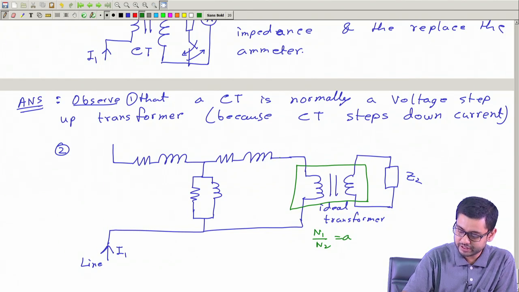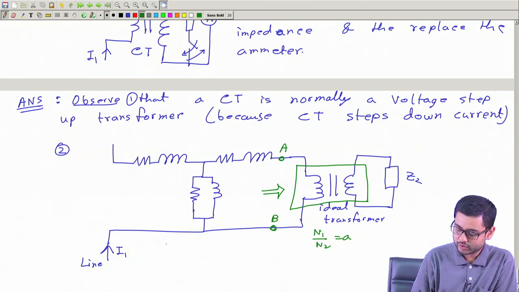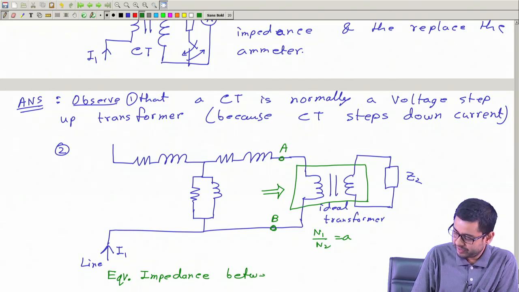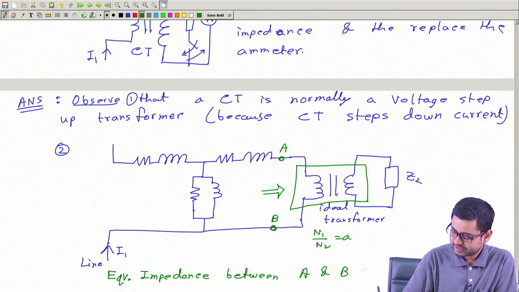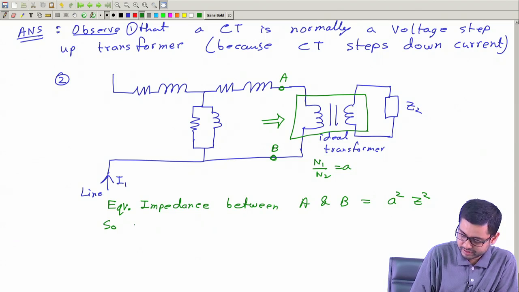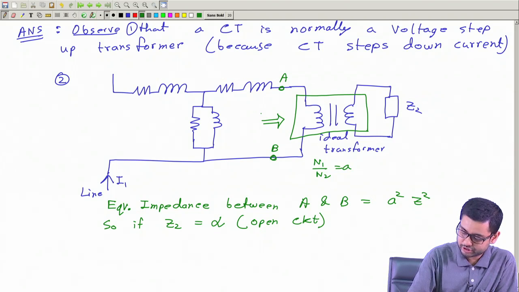The impedance that we will see between these two points A and B, as seen from this side, the equivalent impedance between AB, is equal to A square Z2. Now if Z2 is equal to infinite, that means open circuit, then this is called ZAB.